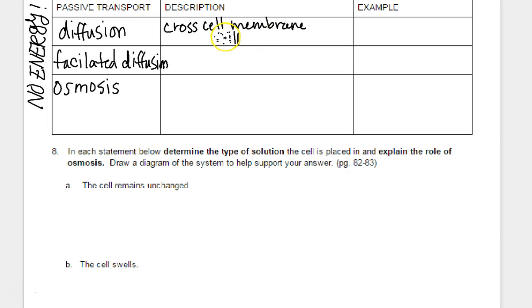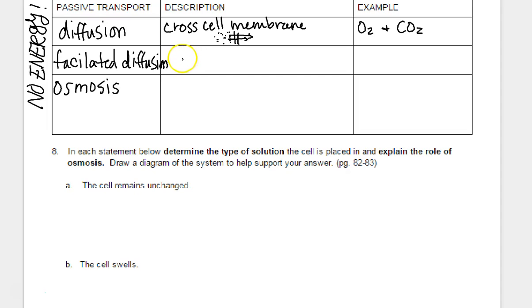And so molecules are always going to go to the side that there's not as many molecules, and water is always going to want to go to the side that there's more molecules. And so in this case, oxygen is going to be able to pass freely through the cell membrane, which is great for us. Oxygen and CO2 are great examples of diffusion because they don't need a protein to get past the cell membrane. They're able just to go across, so when we're running, oxygen can freely go into the cell and carbon dioxide can freely leave.